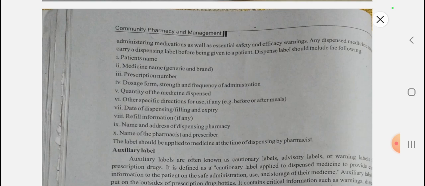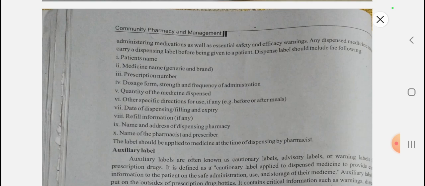So the dispensing label includes the following: patient's name, medicine name, both generic name as well as brand name, prescription number, dosage form, whether it's a tablet, capsule, or IV injection, then the strength, 500 mg, 1 mg, 1000 mg, whatever it is, and frequency of administration, that is how many times you have to take, like 3 times in a day.